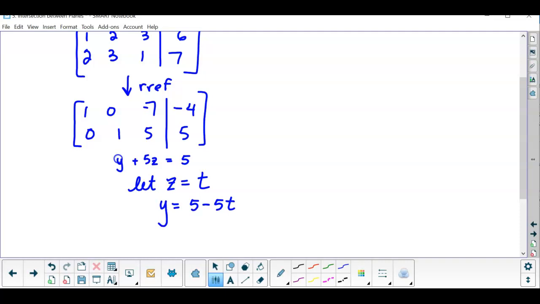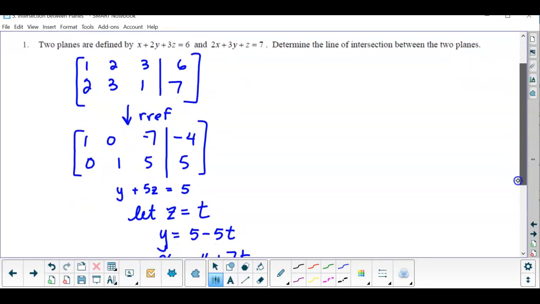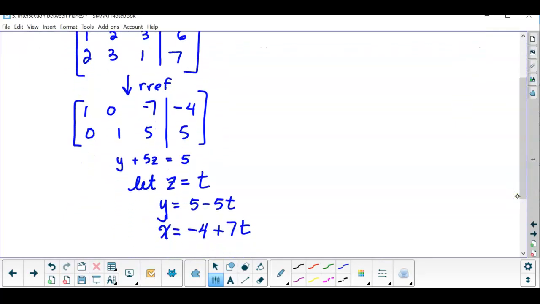Then back up to the top equation, I can just solve for x right away. So x will equal negative 4 plus 7t. It says line of intersection, so it didn't specify the form of that.